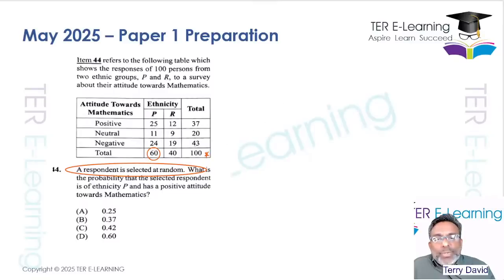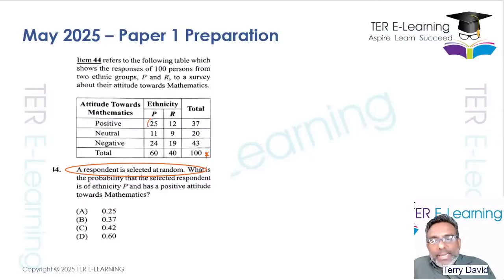In this case, what's the probability that the selected respondent is of ethnicity P and has a positive attitude towards maths? So what are we going to do here now? We need to figure out how many people are within ethnicity P and have a positive attitude towards maths.